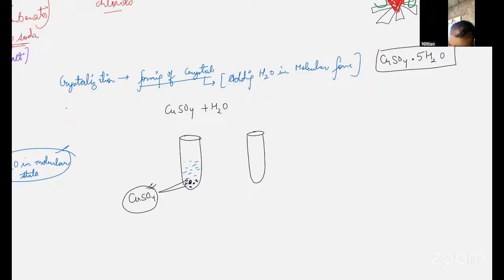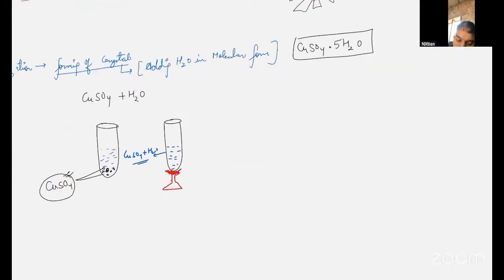What will I boil? I will boil this test tube, which has a mixture of CuSO4 and water. This is basically CuSO4 plus water. Then what will happen? I will filter it in a beaker.